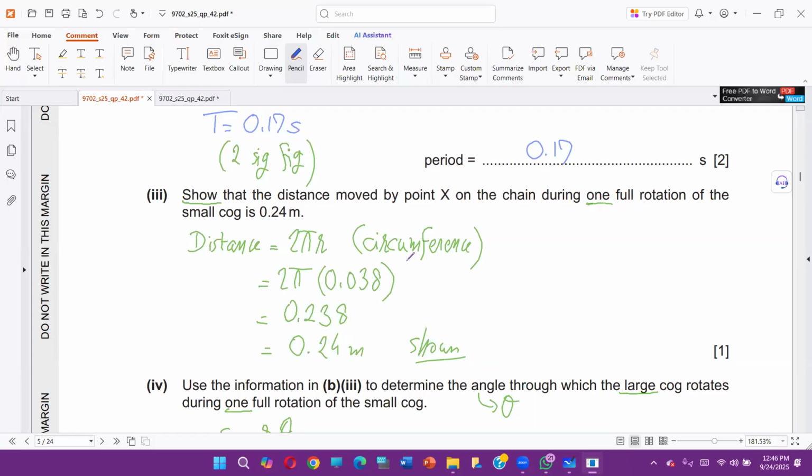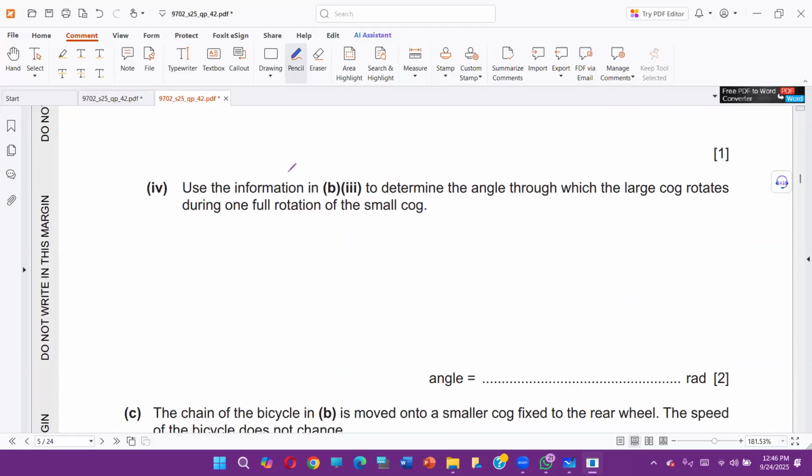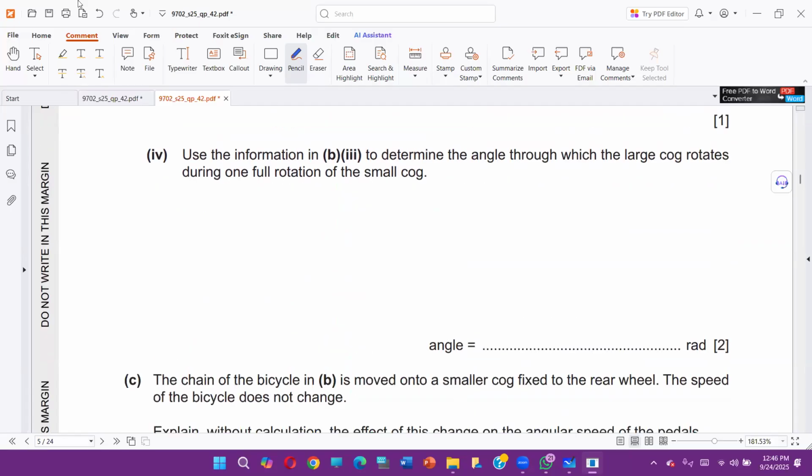If you people are getting this answer, let me update. Use the information in B part 3 to determine the angle through which the large cog rotates during one full rotation. Should we apply the formula which she was recommending? S is equal to R theta here.